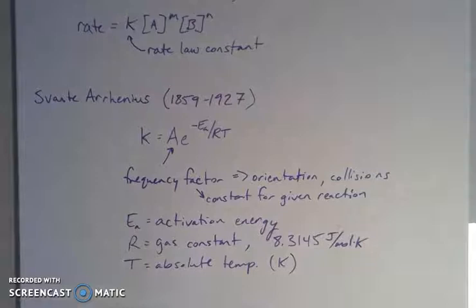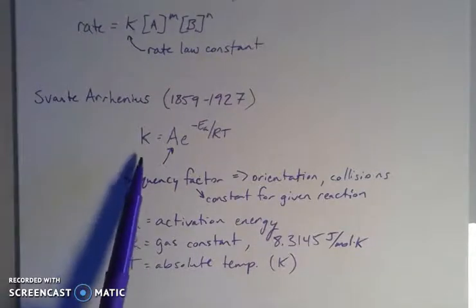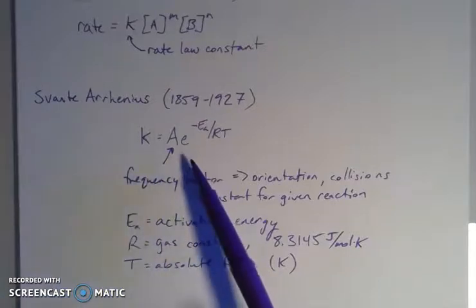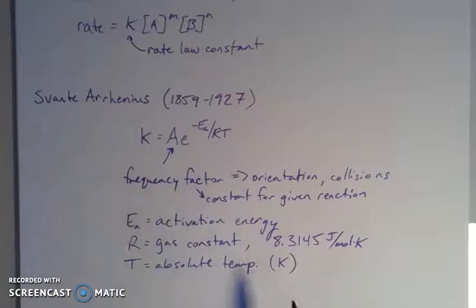So essentially this says there's a relationship between the rate constant, which is my k. It's related by this frequency factor to e to the negative activation energy divided by the gas constant and the temperature multiplied together.